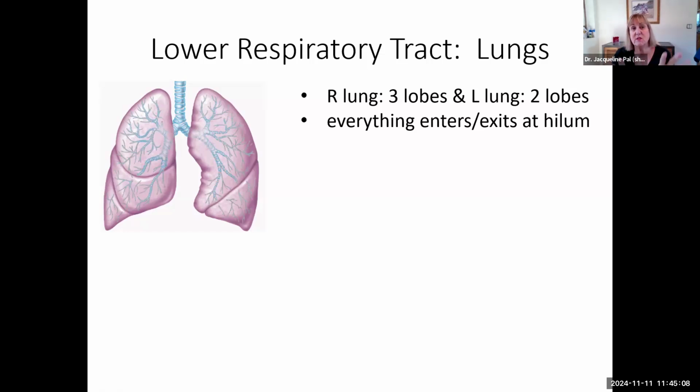And not only is this where the airways enter, this is where blood vessels enter and exit. And it's also where lymphatics are going to enter and exit. So it's where everything goes into and out of the lungs. Just this one general area. So nothing is going in anywhere else on the lungs.